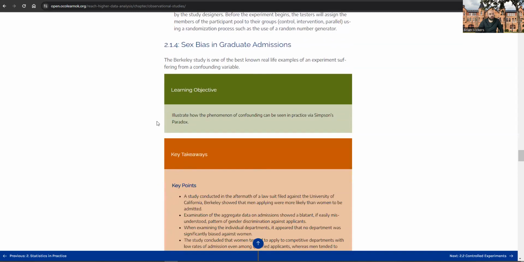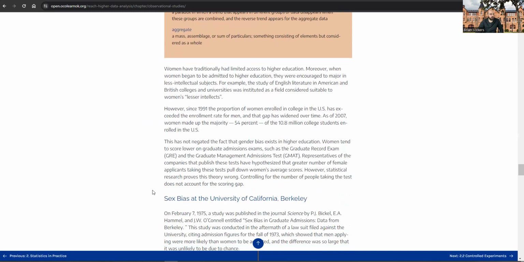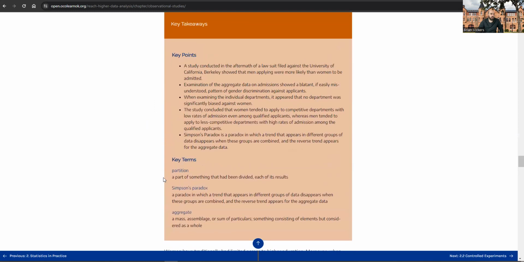There's an example here in graduate admissions, male versus female graduate admission rates. So let's look at a couple of the key terms going into this. Partition, you'll see, is just whatever the segment is after it's been divided. If you've ever worked on computers, you know that you can partition your hard drive into various subdrives.